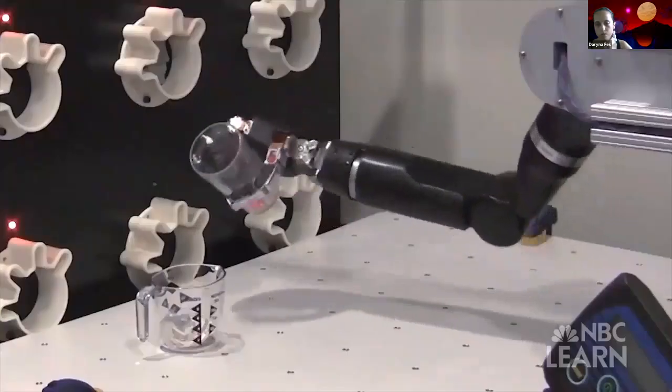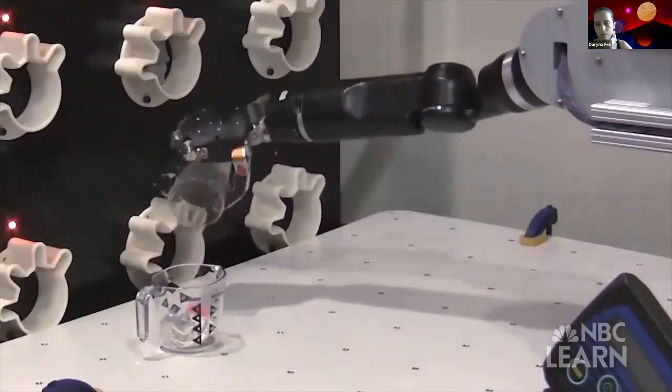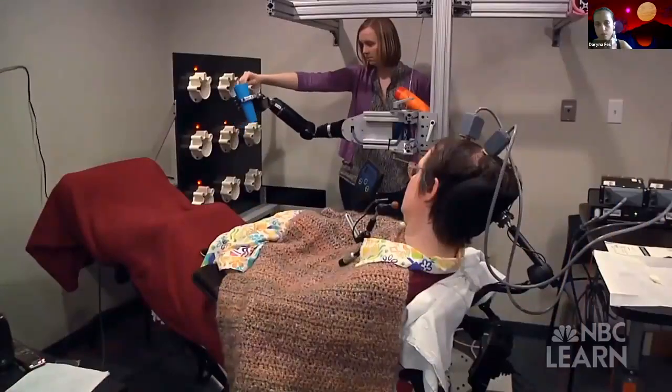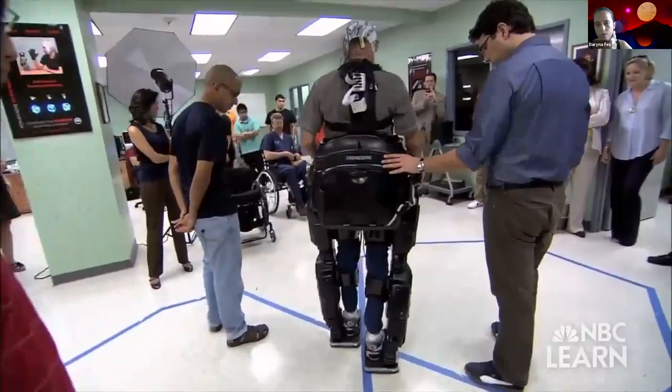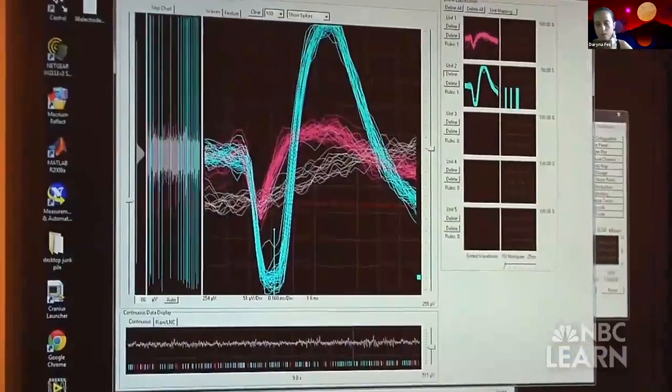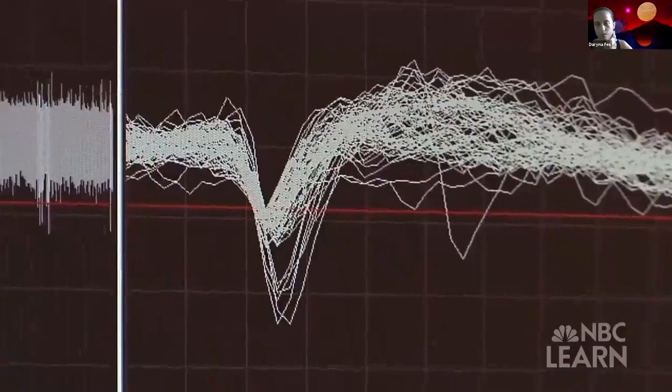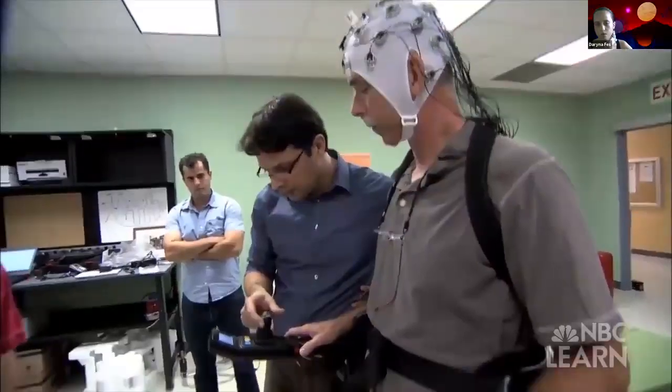Given the right kinds of information and the right kinds of devices that are useful for the animal, the brain can start to adapt. With practice, the brain can learn to do something it's never done before, like control a prosthetic it's not familiar with. But the key is to understand how these neural networks communicate between the brain and the body.